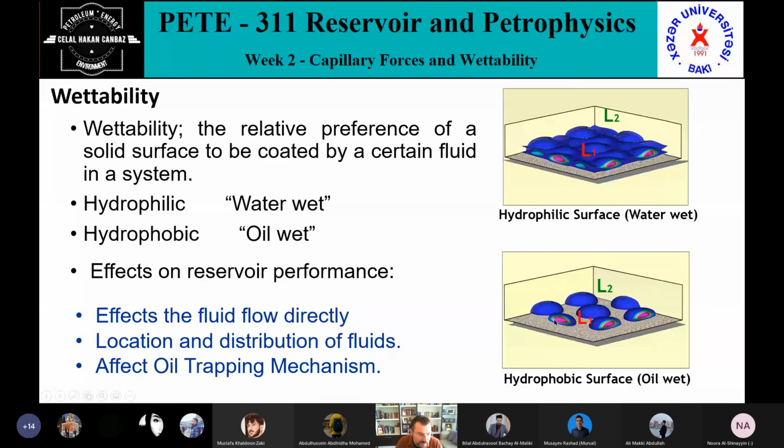Your water will have a tendency to form droplets, because your water also wants to escape from the surface, and the surface doesn't want it. So it wants to decrease the surface area it is in contact with. How can it decrease it? By shaping itself as droplets. So we call it a hydrophobic surface.